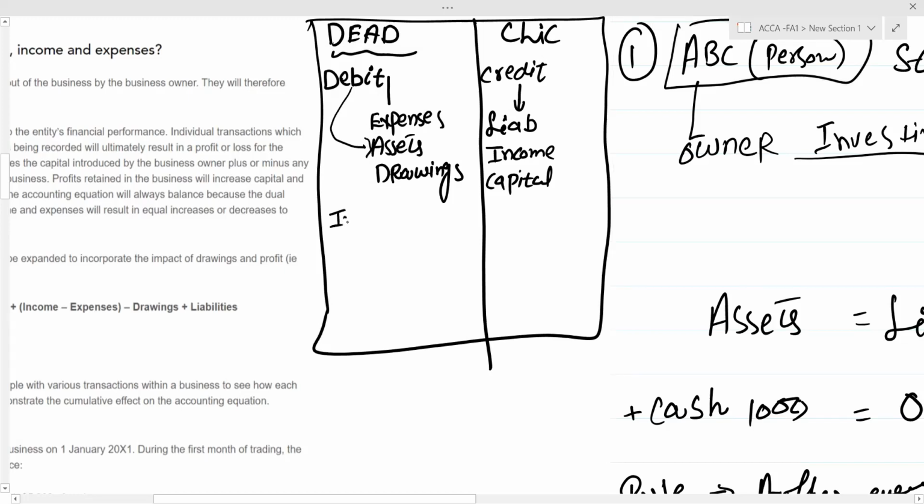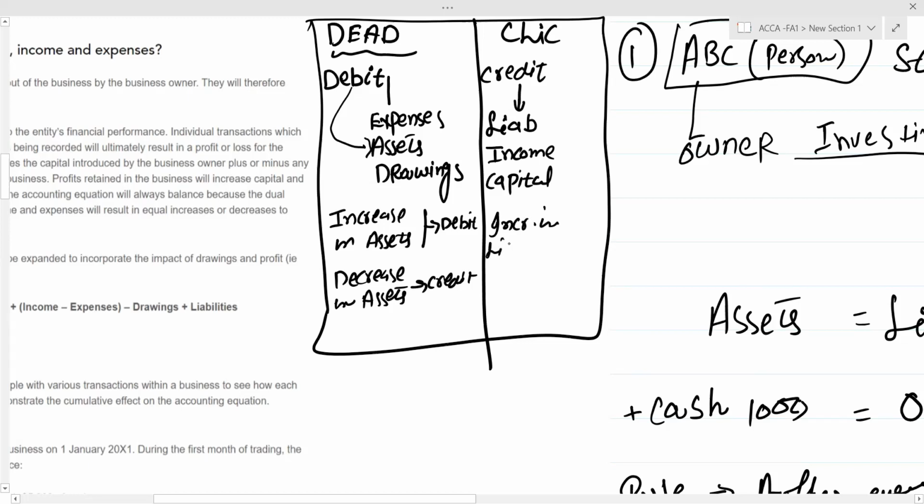So whenever assets are increasing, an increase in assets is debit, and vice versa, a decrease in assets is credit. Similarly, an increase in liability is credit, and vice versa, a decrease in liability is debit.